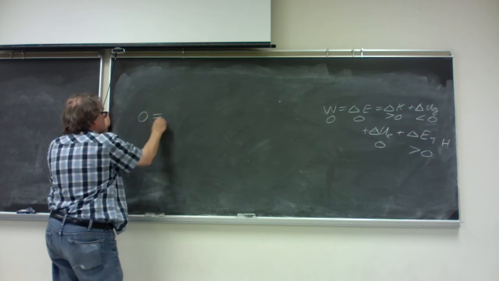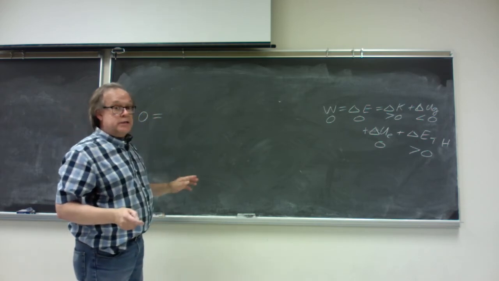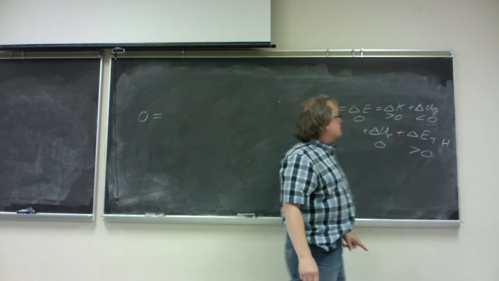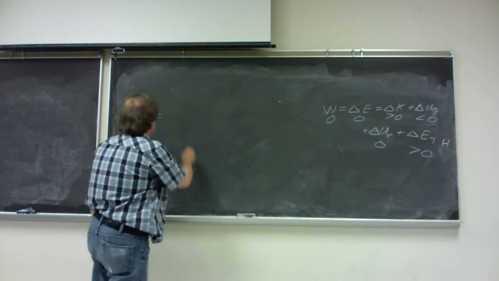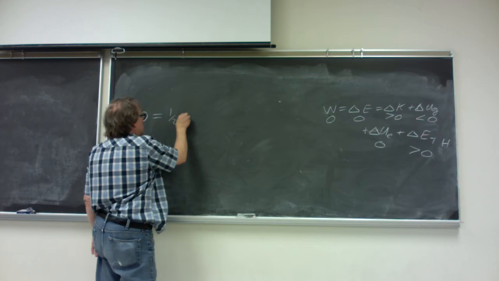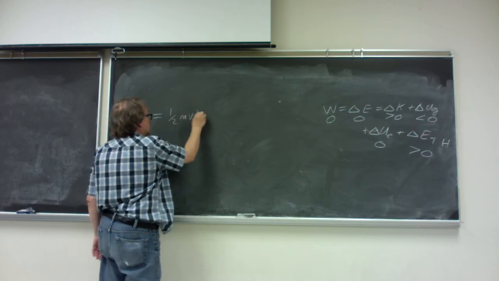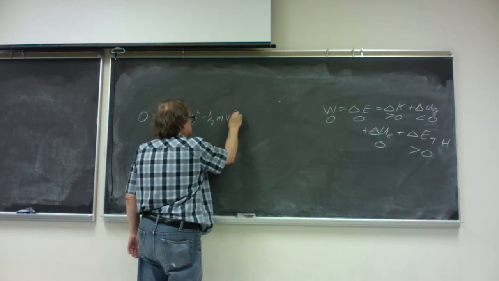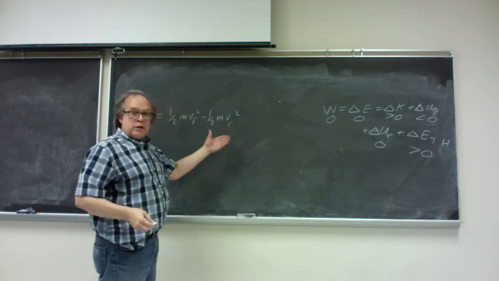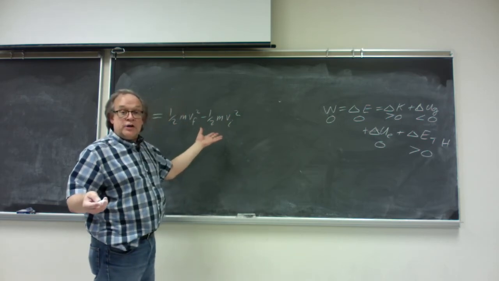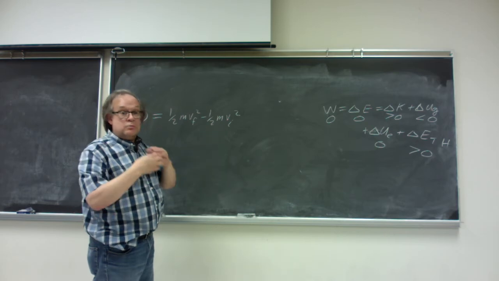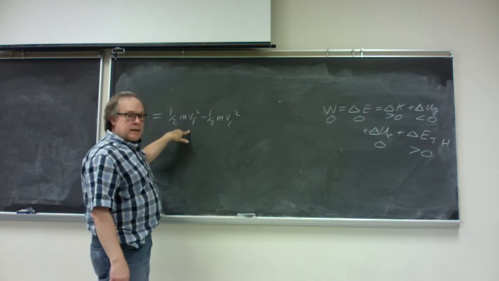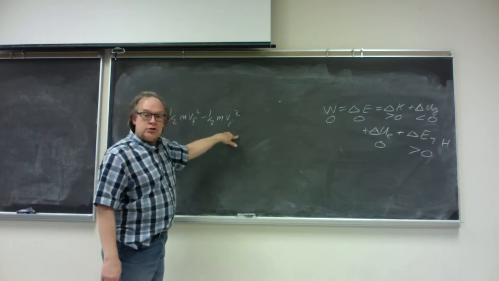So total energy change is zero, and now I write out in detail the non-zero terms. Change in kinetic energy is, of course, final minus initial kinetic energy. Writing out in detail means if you've got an equation for that kind of kinetic energy, just use that equation. Don't just write K final minus K initial.